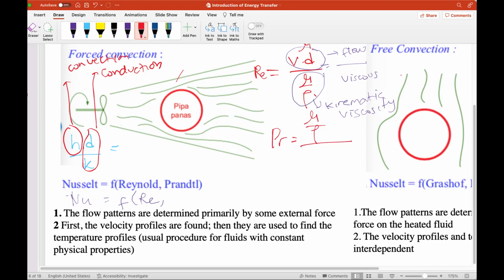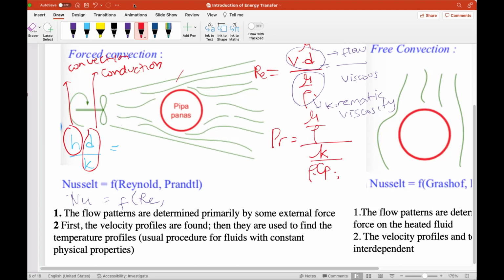You're going to learn later on that thermal diffusivity is k divided by rho Cp, where k is the thermal conductivity.